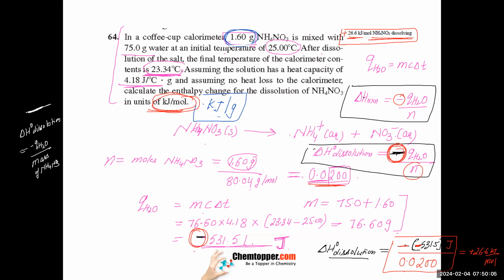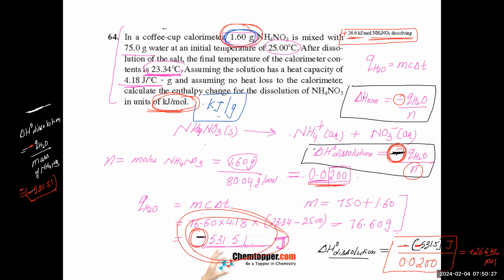Shrihan, why should I do that? It's given. And I know Q water, which I calculated here. See this one? So minus 531.51 divided by, and there's one more minus, right? Two minuses.